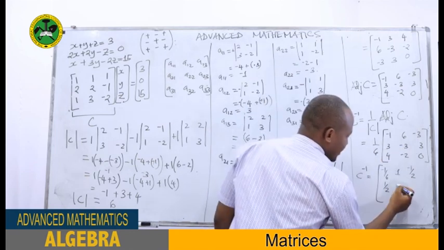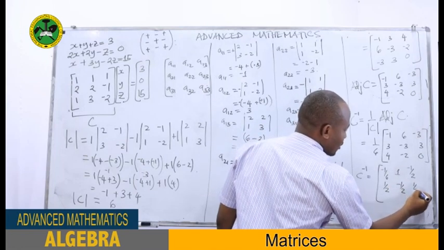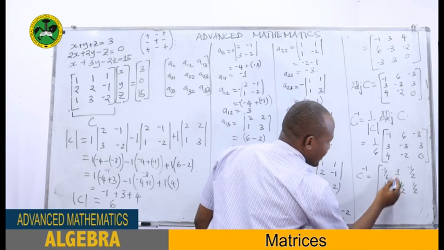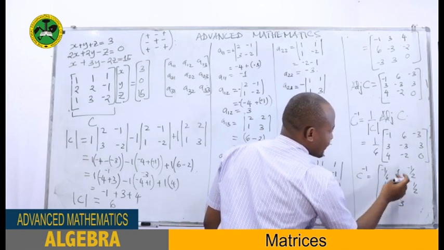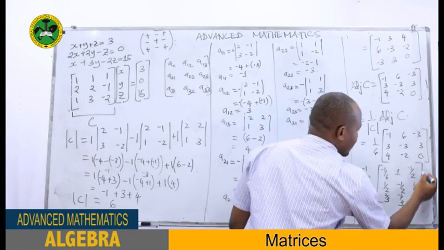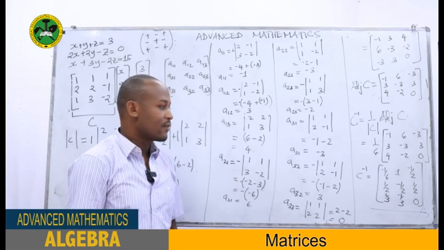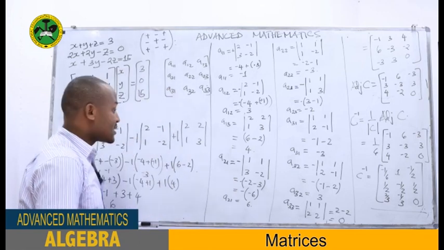And then that will be negative 1 over 2. And then that will be 1 over 2. And then this will be 2 over 3. And then there we have negative 1 over 3. And then there we have 0. That means this is the inverse of the matrix C.